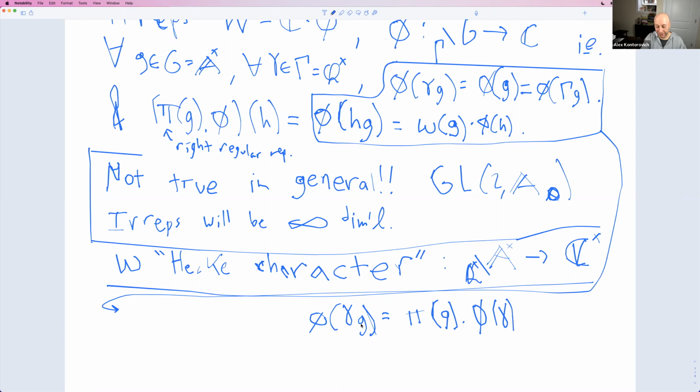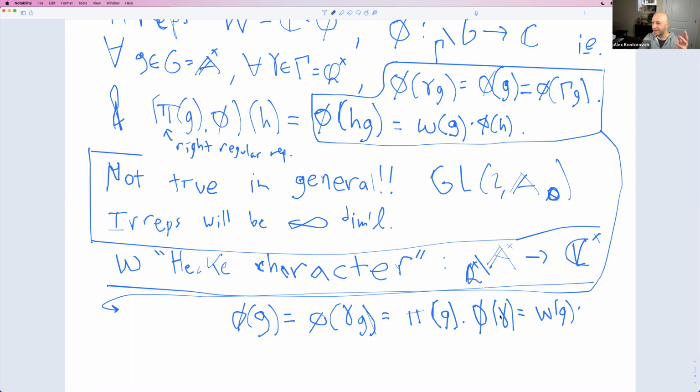On one hand, this g, because it's h times g, so this is pi g. On the other hand, this is phi of g, because phi is invariant. Now, what we just said is that pi g acting on phi is just some character, omega g, times the value of phi.